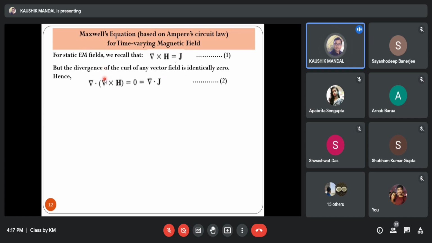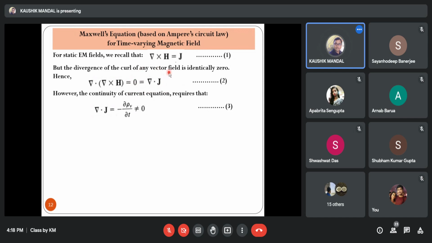Now we know that if we take the divergence of curl H, from the basic vector property, the divergence of the curl of any vector field is always 0. So if you apply the divergence on both sides of equation 1, the divergence of curl of H, which equals the divergence of J, is equal to 0. So from equation 2 we find that divergence of J equals 0.